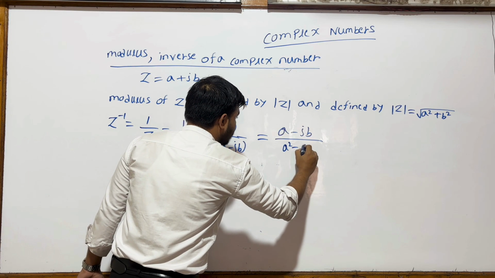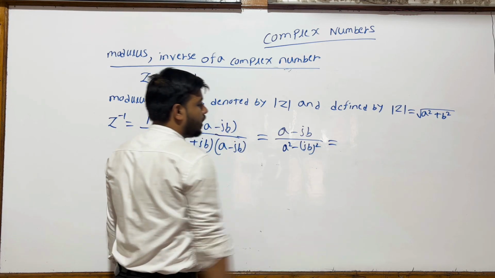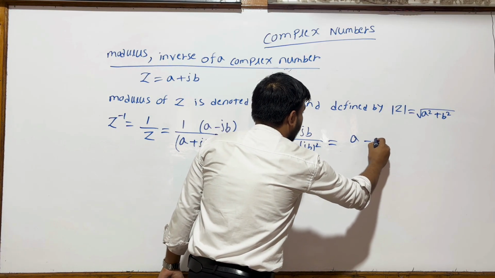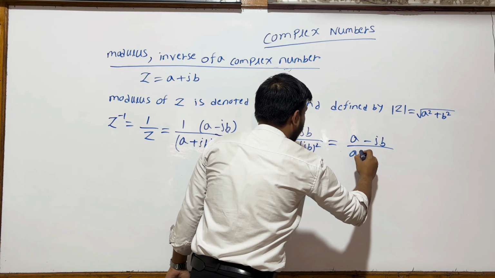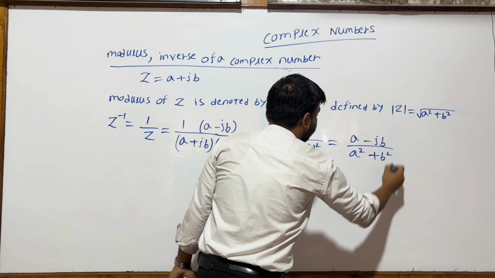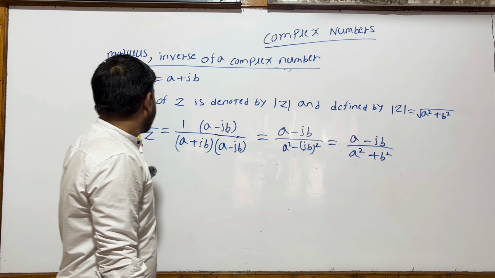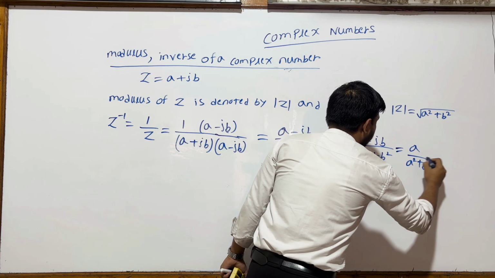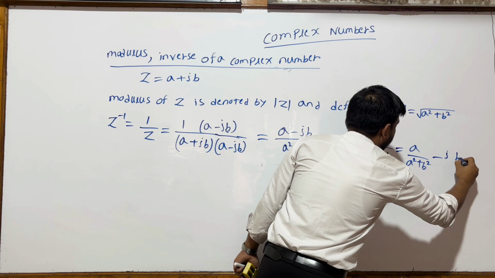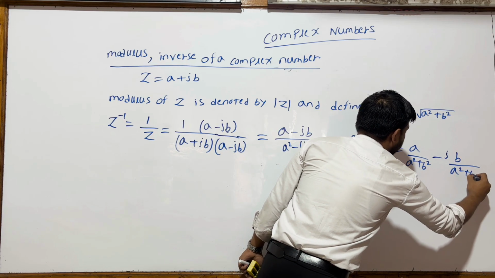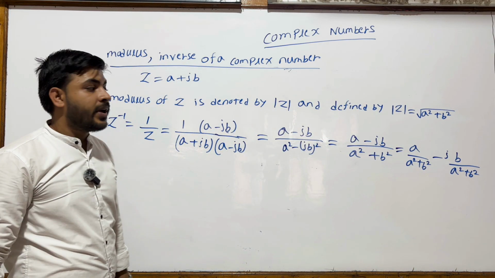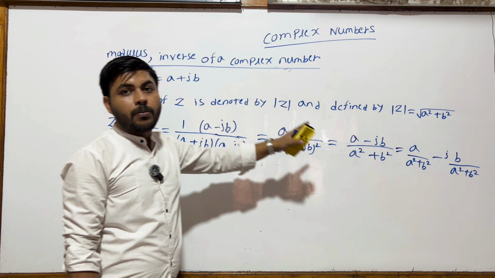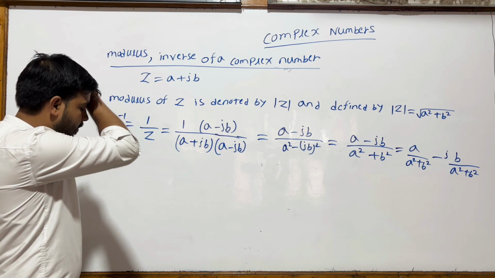So a square minus (ib) whole square. Here we will get i square, and the value of i square is minus 1. So minus minus plus. So z inverse is a by a square plus b square minus i into b by a square plus b square. It is also in the form of a plus ib. So the inverse of a complex number is also a complex number.